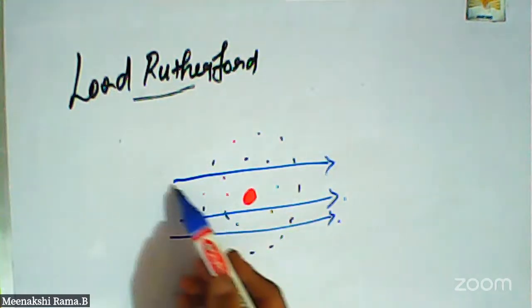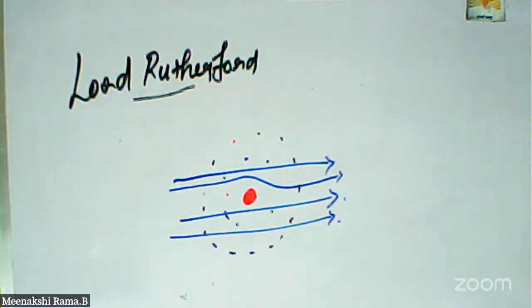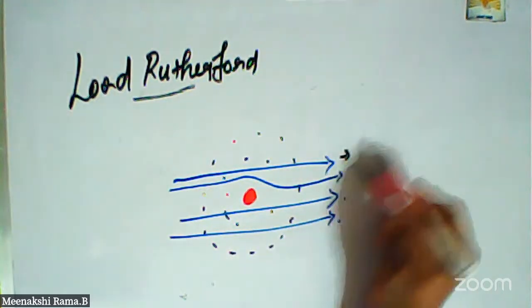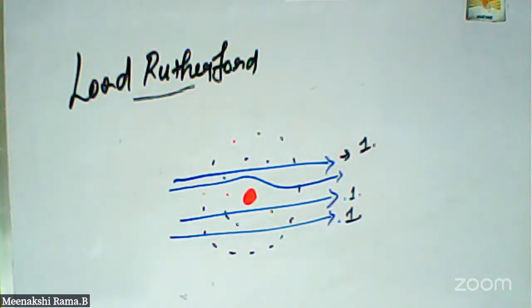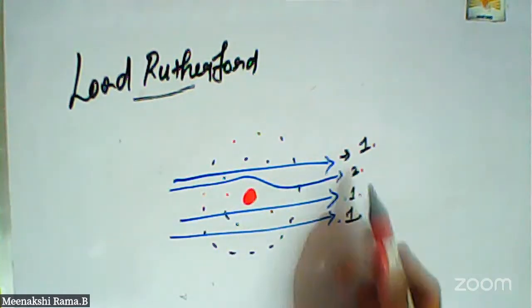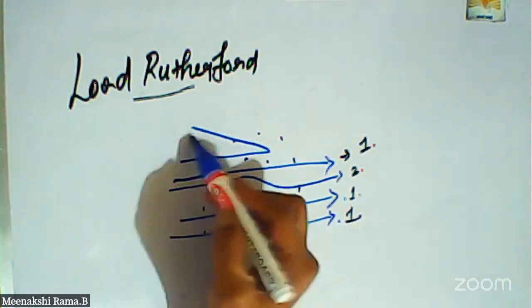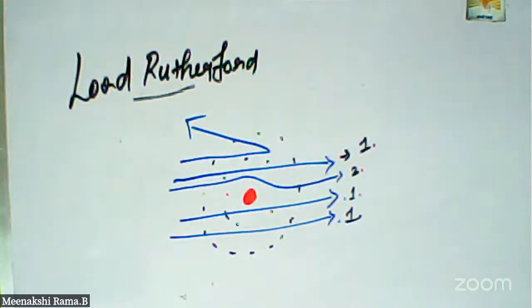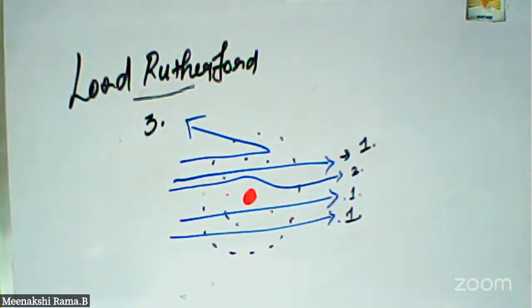Some alpha particles are slightly deflected. So these three pass in the same straight line. This is the second point, that some are deflected in that area. The third one is some alpha particles are bounced back the same way. So this is the third point of this experiment.